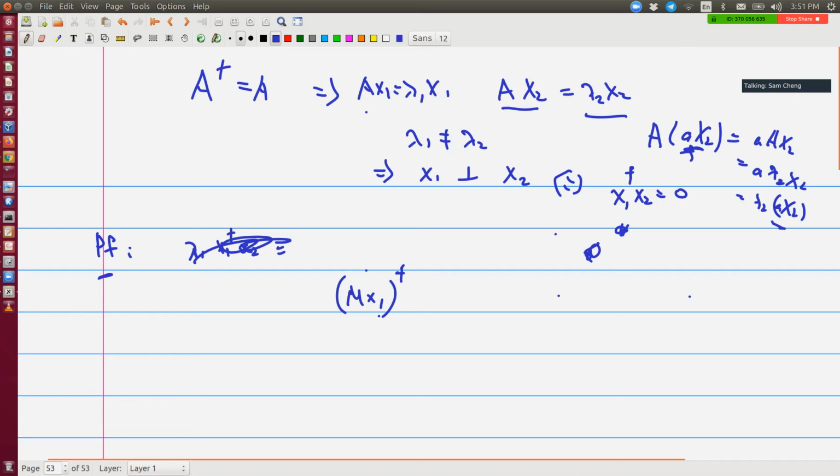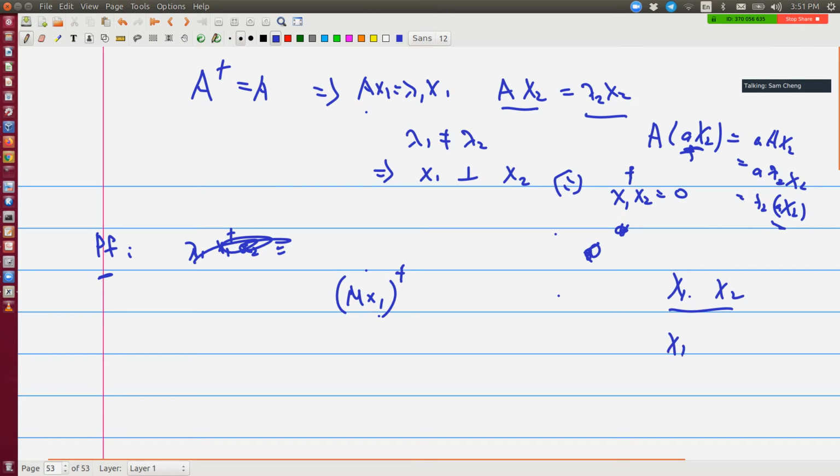Then, whether it can have eigenvectors that are linearly independent. Can I have x1 and x2 that are linearly independent?